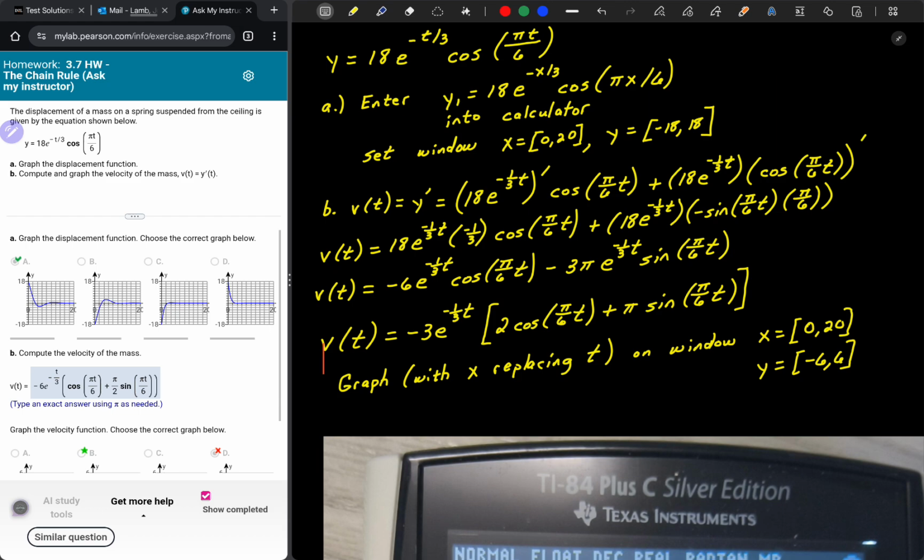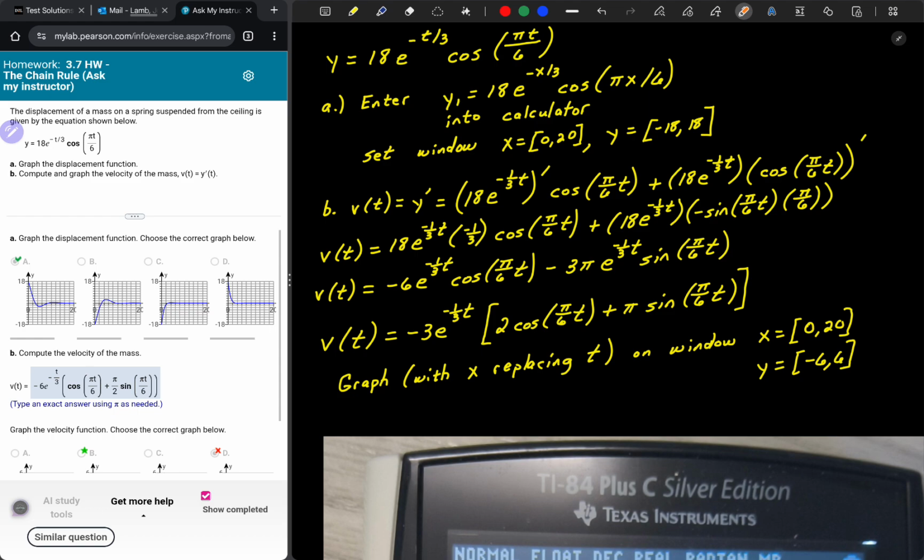So what I did in order to graph that original function was I just treated the t values as x values in order to easily enter them into the calculator. And I just said 18e to the negative x over 3 cosine of pi x over 6.